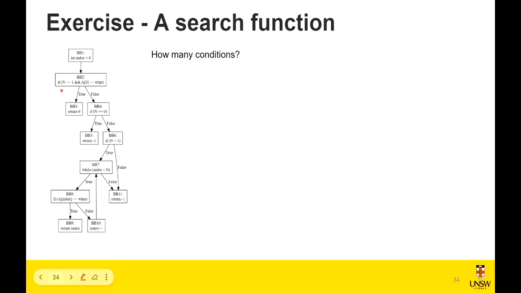We can count it right now. 1, 2, 3, 4, 5, 6. We have 6 conditions. And how many decisions do we have here? 5, yes, 1 less, because these 2 make up 1 decision.